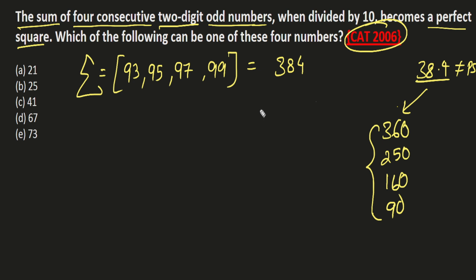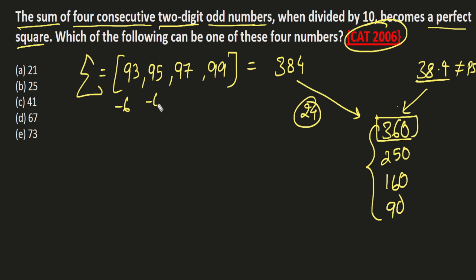Now, how do we find the numbers for 360? Just appreciate the fact that from 384 to 360 the difference is just 24. So these are four numbers. Let's just take 6 out of each of those numbers, so collectively 24 will get reduced.